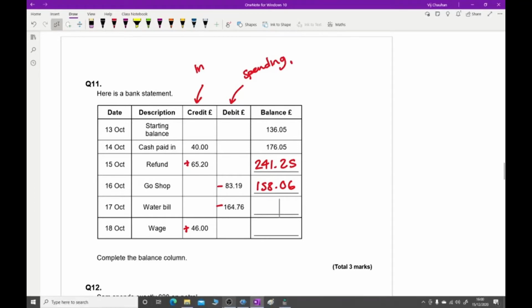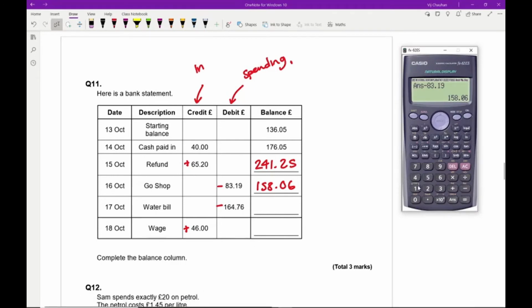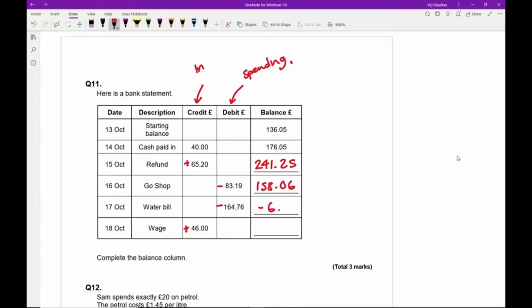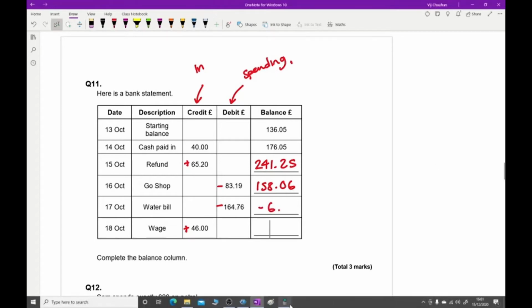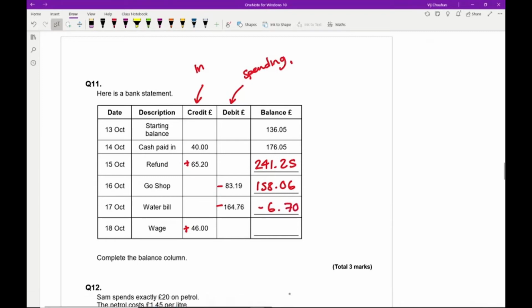And then I'm going to spend another £164.76. So from this we've got 158.06 minus 164.76, and we're going to end up with a negative value, so we're going to end up in debt of £6.70. But thankfully, we get paid, and we get £46.